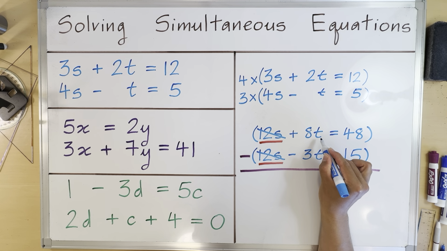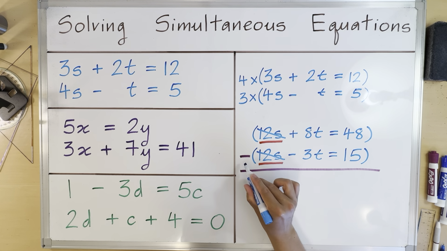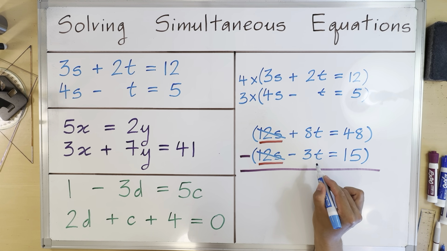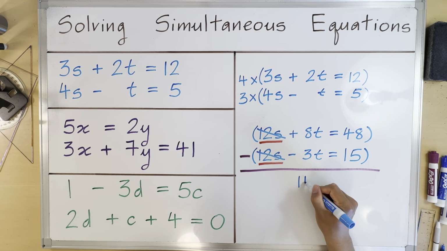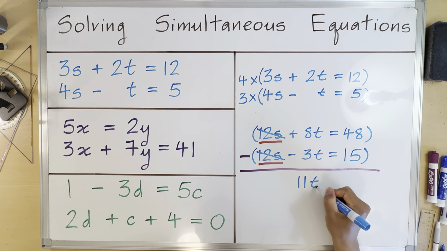Positive 8t minus negative 3t gives us positive 11t.